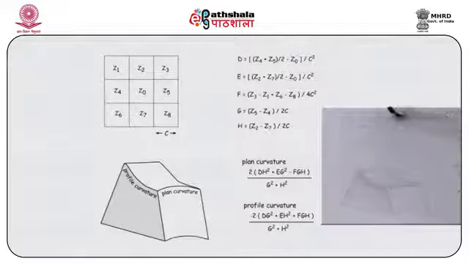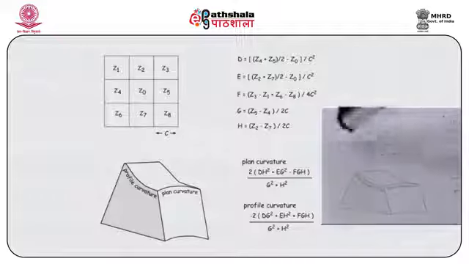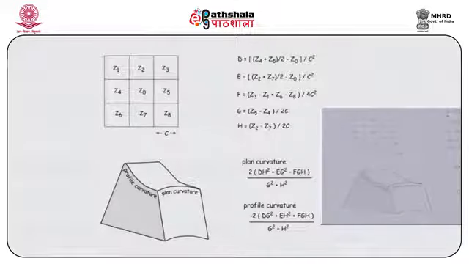If you look at this raster cell, for the Z0 value you need these 5 parameters. On the basis of these 5 parameters, or the 5 equations, or the elevation values of all the 8 surrounding pixels, you can calculate the plan curvature using this equation and the profile curvature using this particular equation. This is one of the important parameters which is also utilized in discharge estimation.